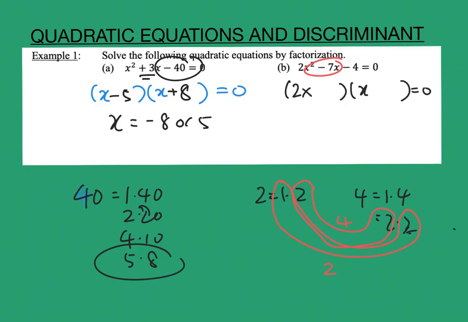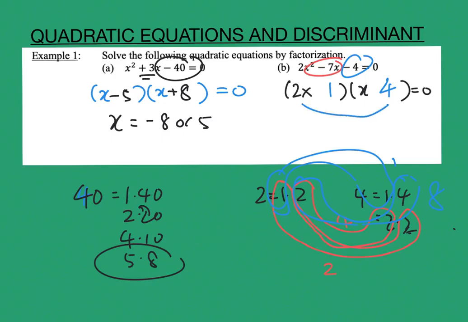So let's look at another combination. I'm going to try, say, 2 and 4, that is 8, and then 1 and 1, which is 1. So 8 and 1, it is possible to give you a 7. So 2 has to multiply by 4, and 1 goes here. And this is negative 4, so we're looking at opposites, and we want a negative 7.